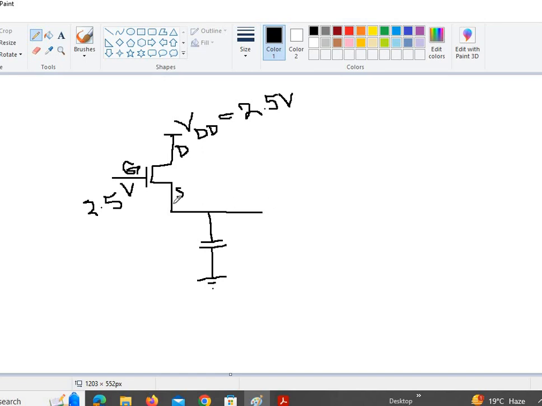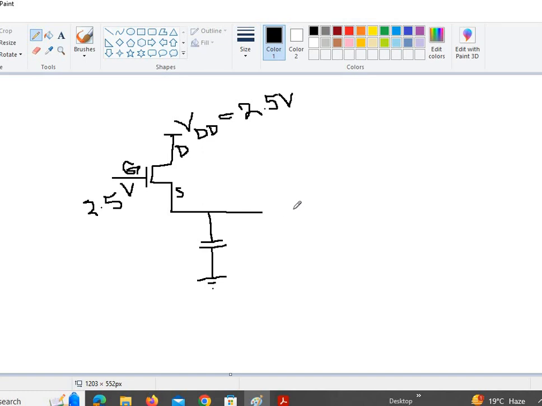When the output is at 0 volts, then VGS is 2.5 minus 0, which is equal to 2.5 volts. Then it starts charging to 0.5, so VGS becomes 2.5 minus 0.5 equal to 2 volts. Then it's going to charge up to 1 volt, so VGS becomes 2.5 minus 1 equal to 1.5.